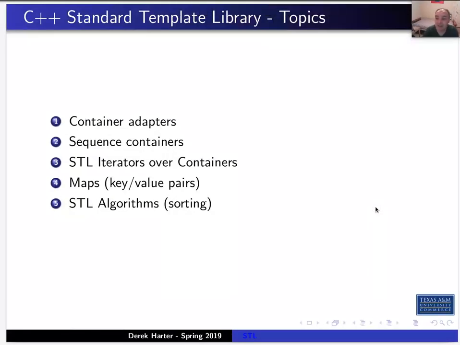In my experience, most people don't like C++ a lot because they think it's a lower level language. But once you use the standard template library, it makes C++, to me, as high level as Java, maybe not up there with Python or R or a really high level language.